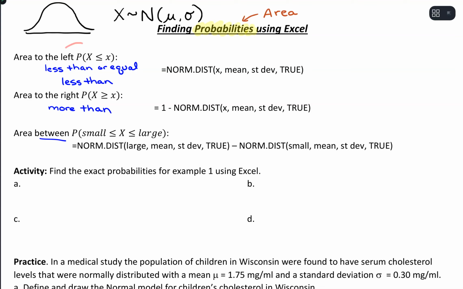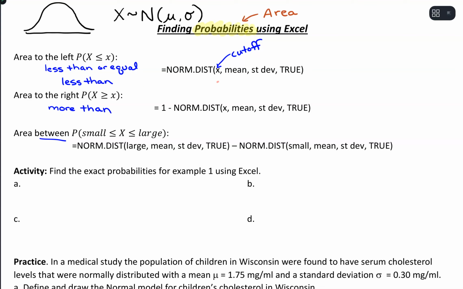So this area to the left, we're going to type into Excel equals norm.dist. So normal distribution. Then it wants 4 pieces of information. It wants this x value, which is our cutoff, which is stated in the question. It's the value that we're looking for, like less than or equal to 24, or less than 24.